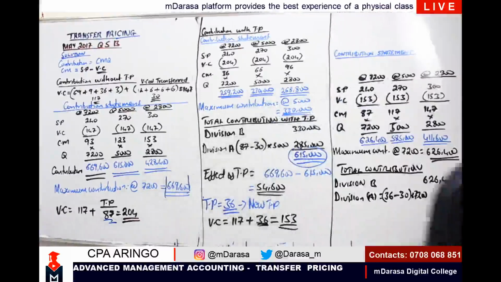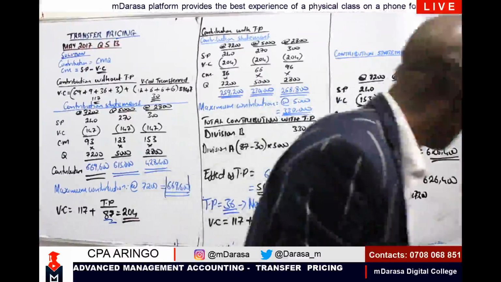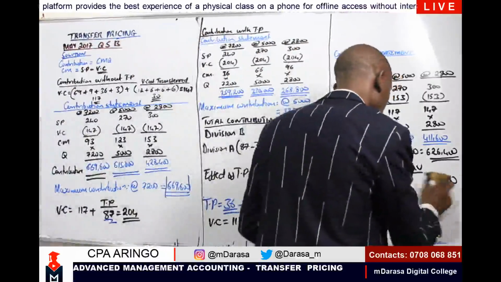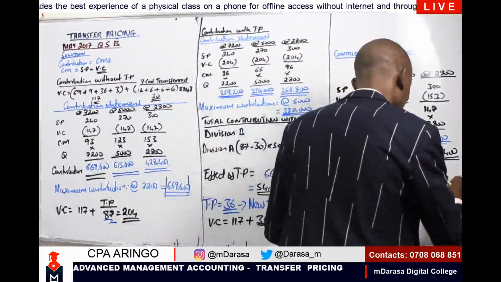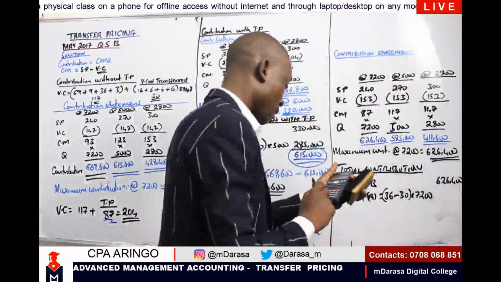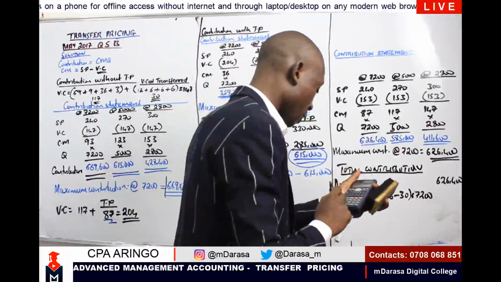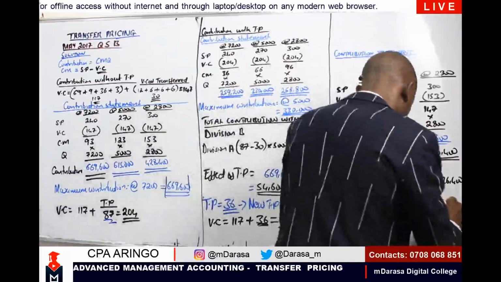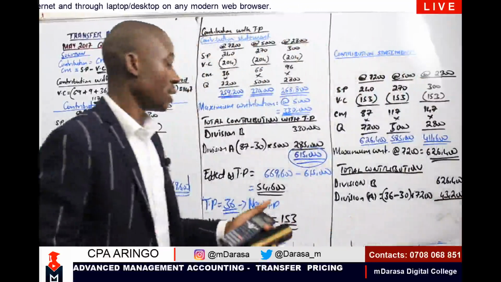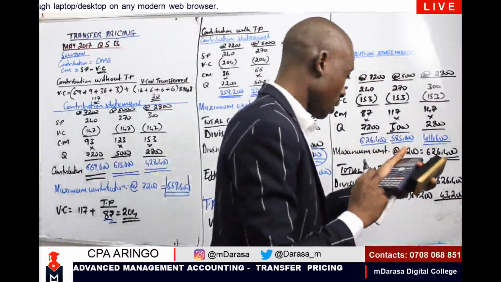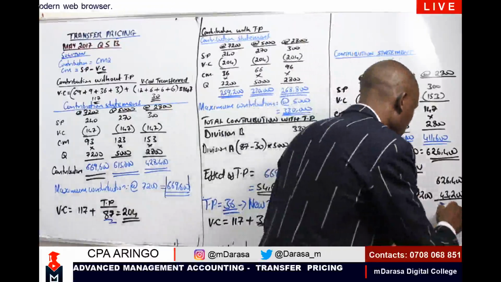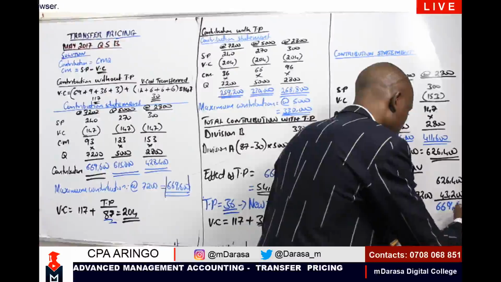So that should give us how much? By 7,200, I'm having 36 minus 30, multiplied by 7,200, which gives 43,200. So in total we have 626,400 plus 43,200, giving a total contribution of 669,600.